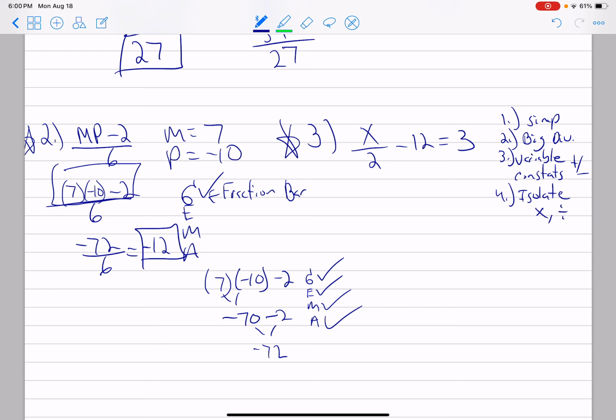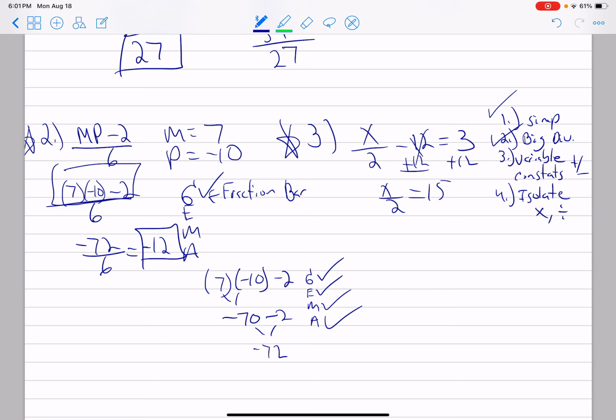So let's see. No simplification. No big division. My variables are right here, and it's already on one side. But my constants are on both sides. So I need to get rid of that negative 12 first. So I'm going to go plus 12, plus 12. X divided by 2 equals 15.